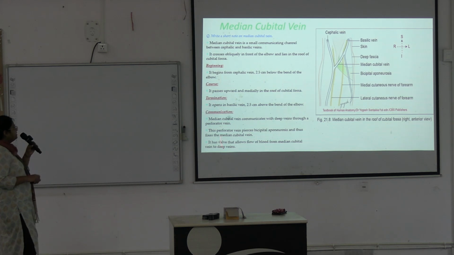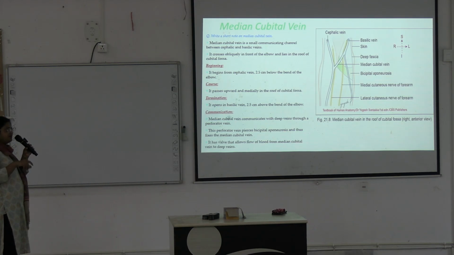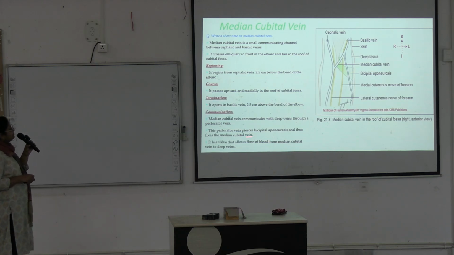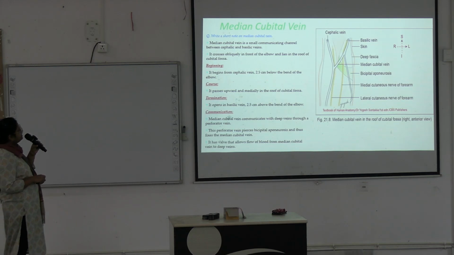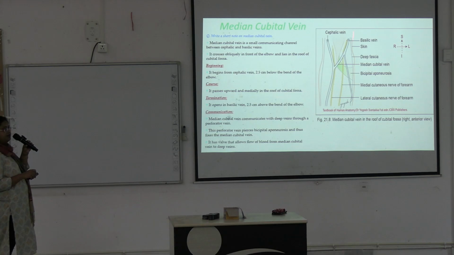What is the communication? The median cubital vein communicates with the deep veins through a perforator vein. We'll see a picture. This perforator vein pierces the bicipital aponeurosis and thus fixes the median cubital vein. See here, this is the biceps tendon, this brown colored one.